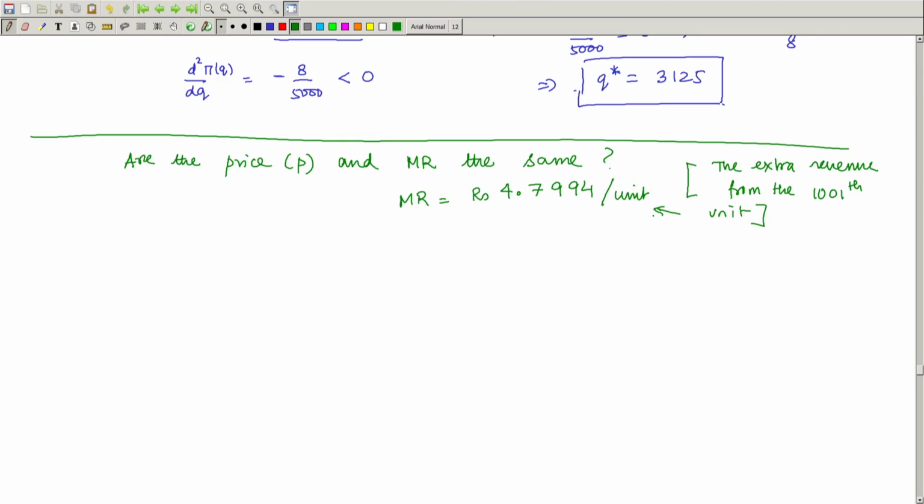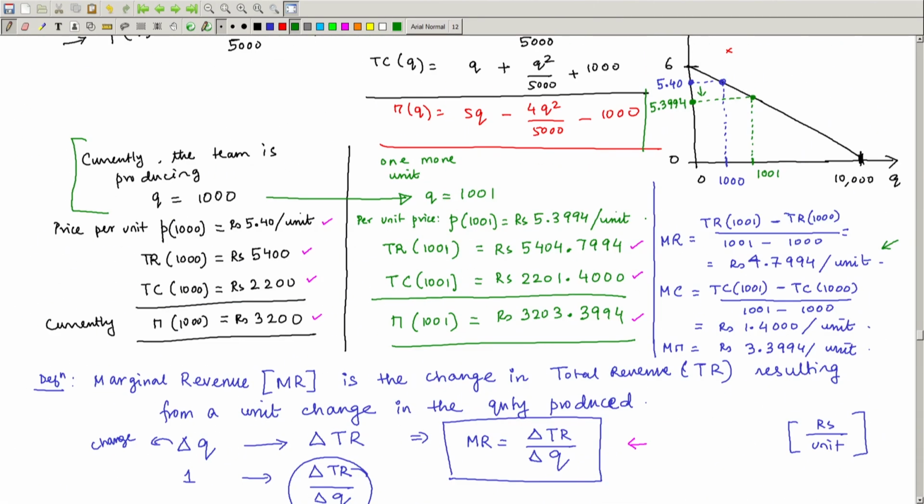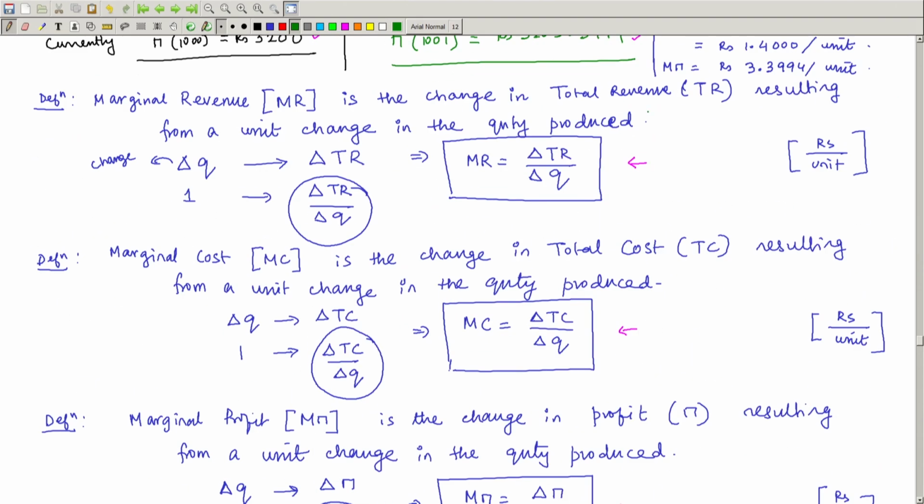Okay. Now, what is the price when the firm sells 1001 units? Notice we have already computed the price. The price when the firm sells 1001 units is 5.3994.